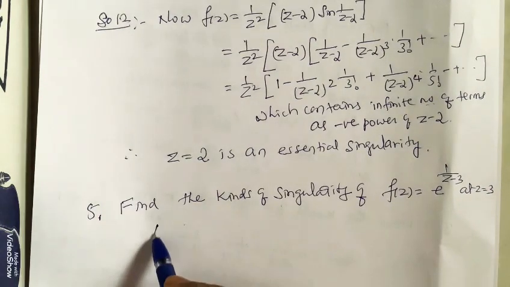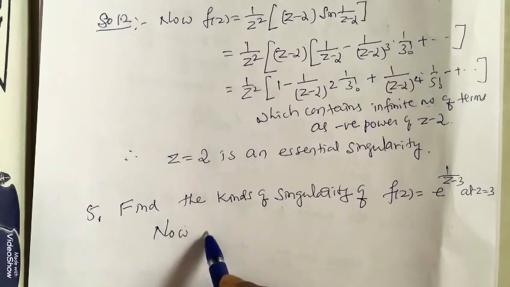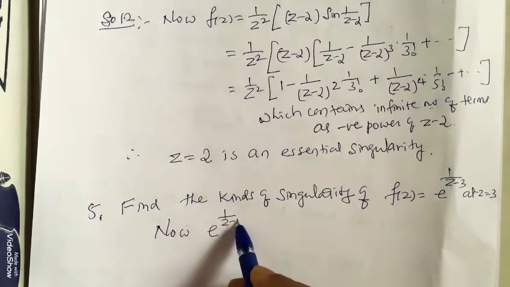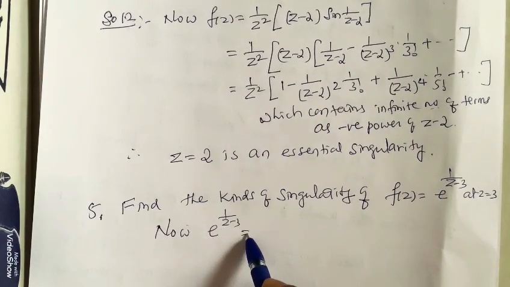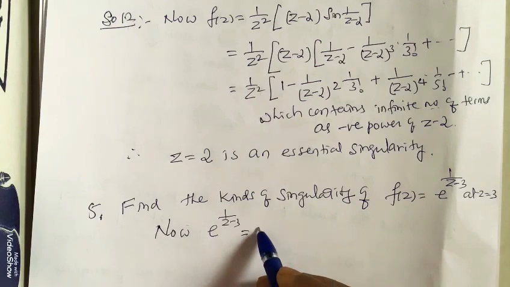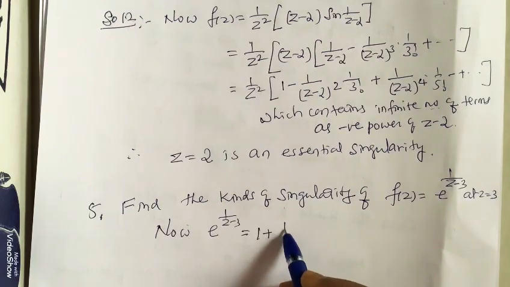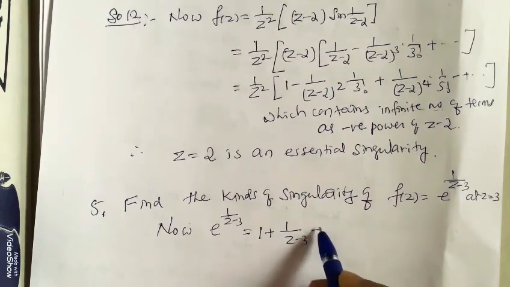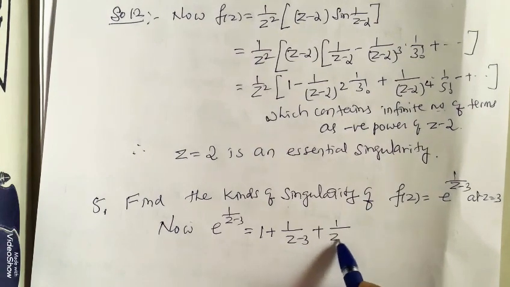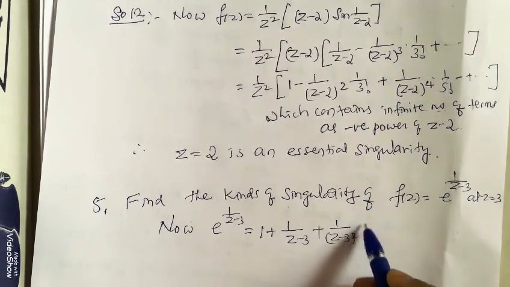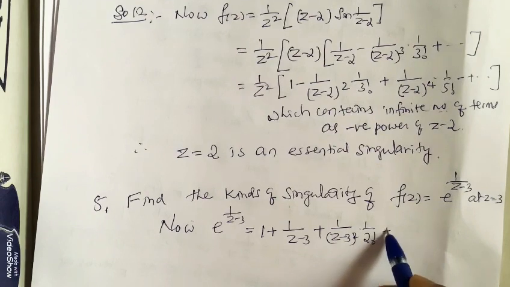Now, what is e raised to 1 upon z minus 3? By using the expansion of e raised to x, all of you know e raised to x is equal to 1 plus x plus x square by 2 factorial plus x cube by 3 factorial and so on. So it is 1 plus 1 upon z minus 3, plus 1 upon z minus 3 whole square into 1 upon 2 factorial, plus and so on.